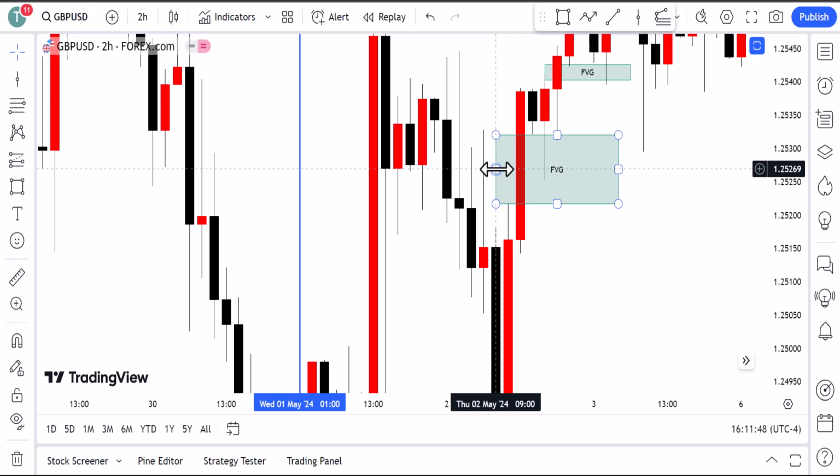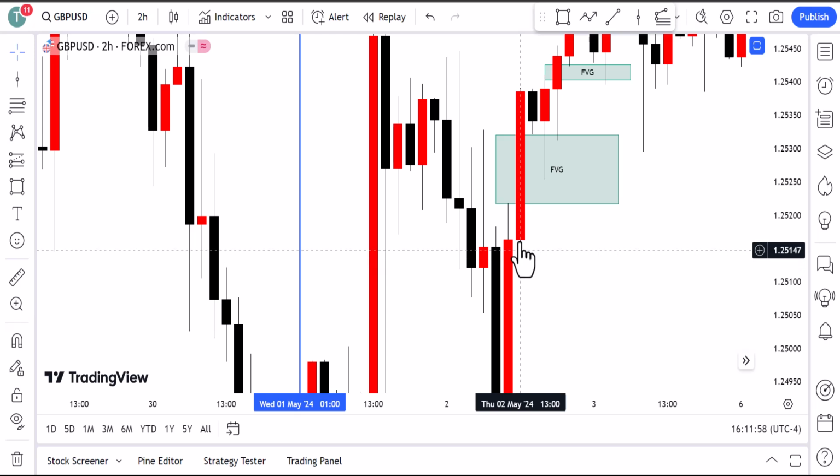Don't worry, I'm going to talk about it in my next video. This is the manipulation type 1 FVG, whereby price on the lower time frame creates a massive uptrend. And remember, this candle is bearish on the lower time frame. It represents a minor highs and lows on the 5-minute time frame.